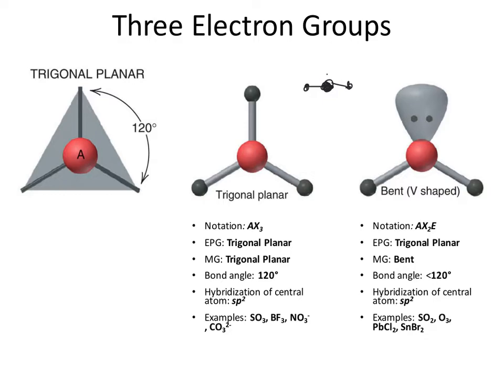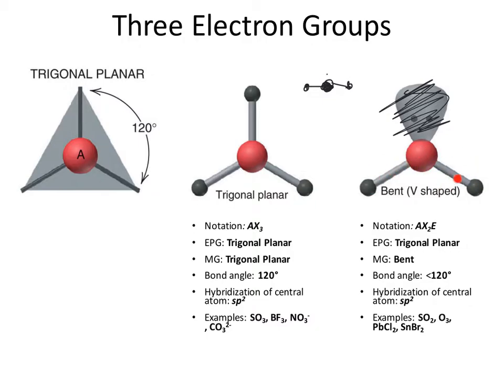However, when you get into this one over here, you still have three electron regions, 1, 2, and 3. So your electron pair geometry is going to be trigonal planar because you can still recognize that there are three regions of negativity. However, remember that for our molecular geometry, we actually discard this thing over here and we just look at the bonds themselves.